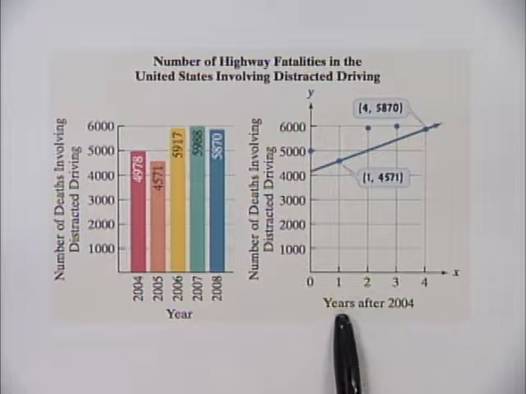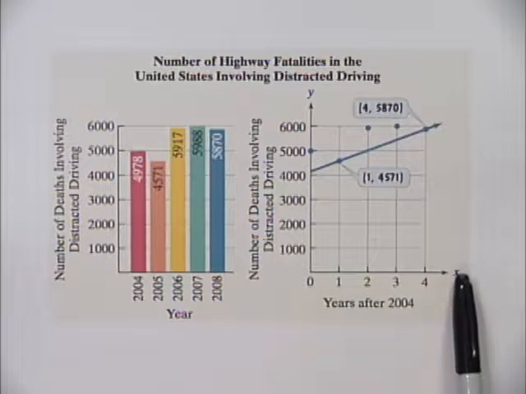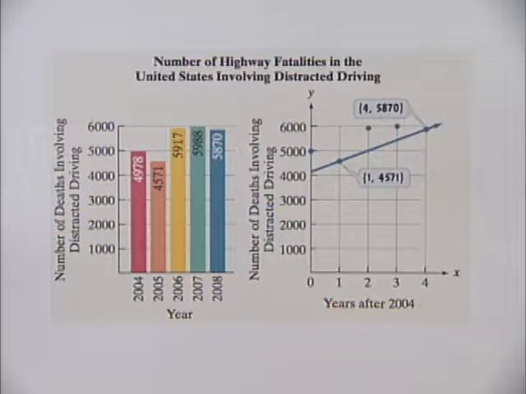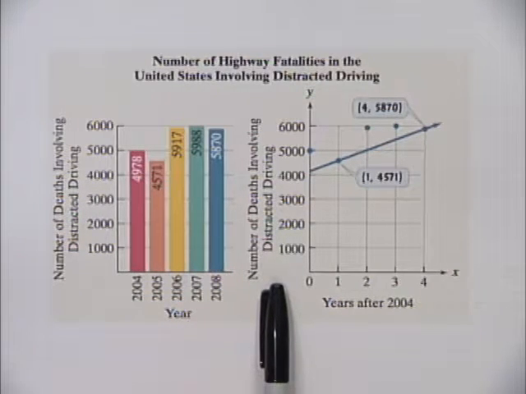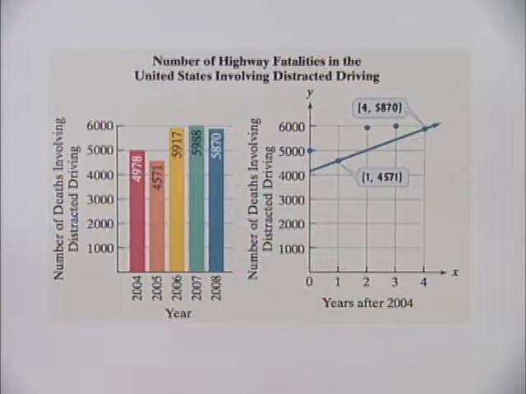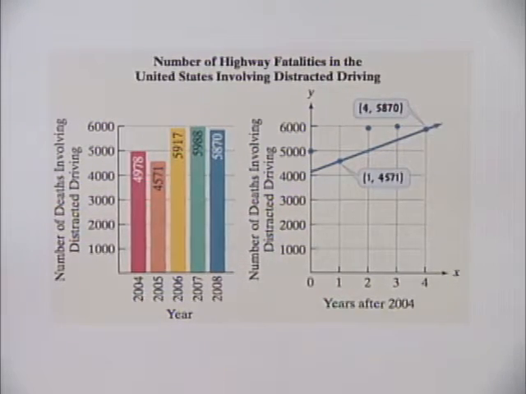In this case, years after 2004 is the horizontal axis, which is represented by the first coordinate of those points. And we still have the number of deaths involving distracted driving on the vertical axis, and those would be represented by the second coordinates of the points.